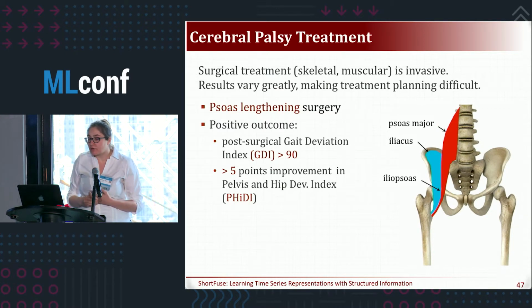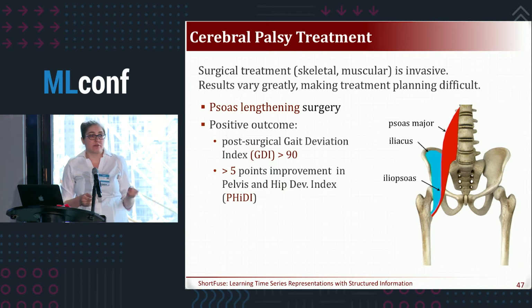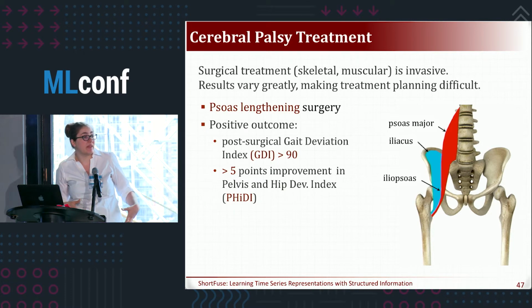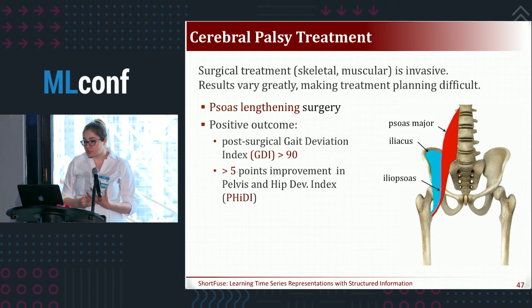And a positive outcome means a post-surgical gait deviation index, a GDI of above 90, or an improvement of 5 points in the pelvis and hip deviation index, which is another metric that refers to how well the hip and pelvis muscles move.